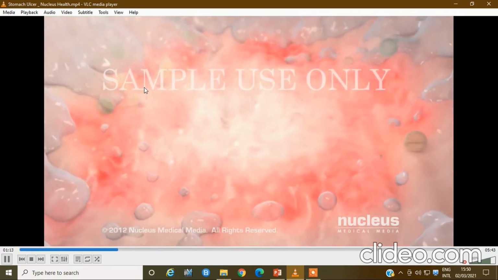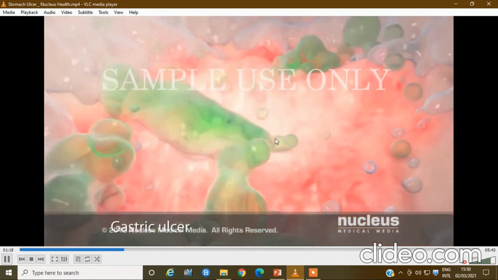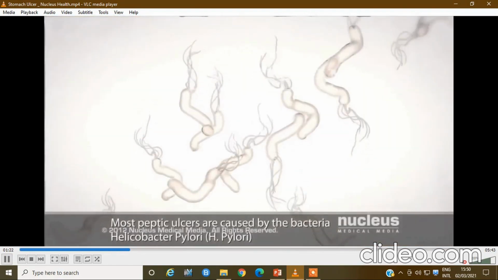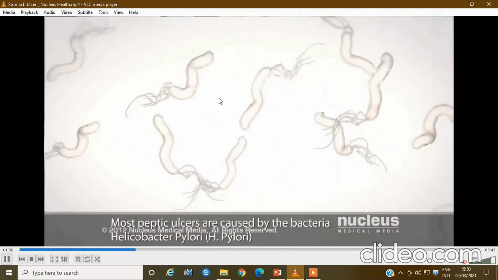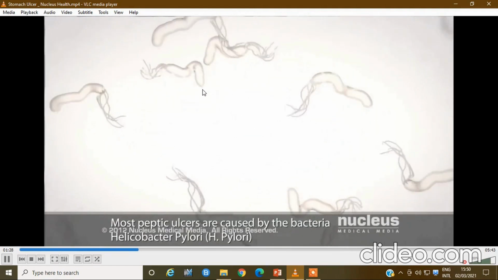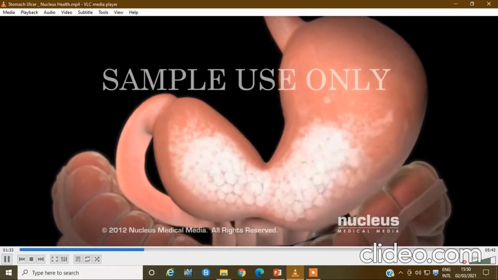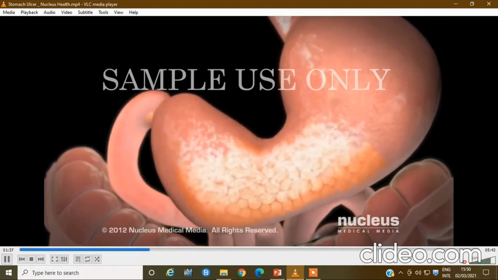Whenever the mucus layer is destroyed and the acid comes in direct contact with the GIT, it results in peptic ulcers. Another way: if a person has H. pylori contamination from contaminated food or water, it causes peptic ulcers.